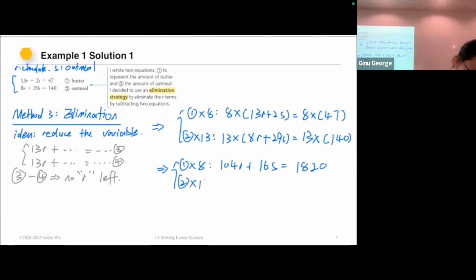And the next equation I will derive will be similar: 104R plus 377S equals, this one should be 182, and the above one I made a mistake, which should be 376, just by calculating using the distribution method. And then now I will label the two equations, one as equation 3 and one as equation 4.